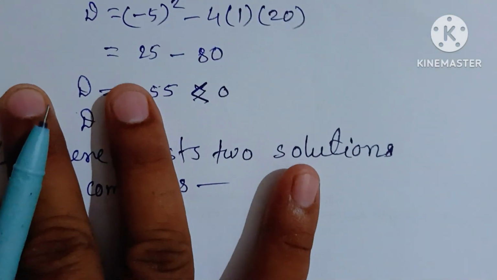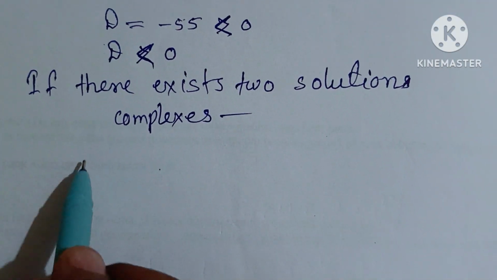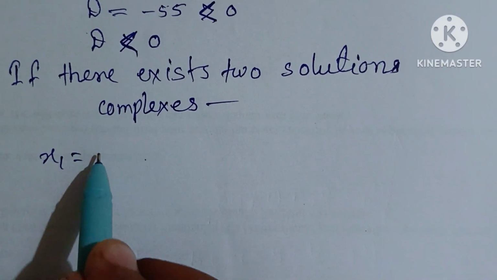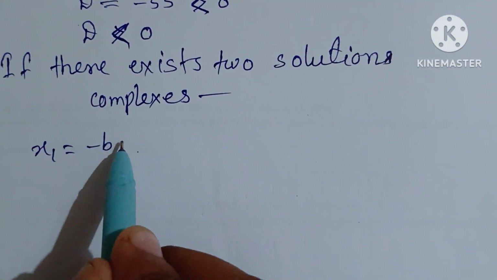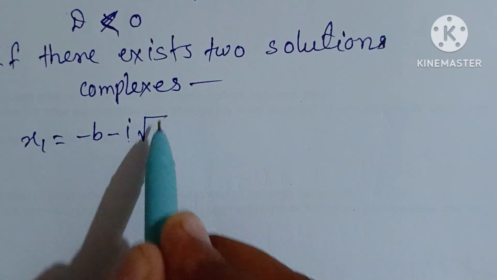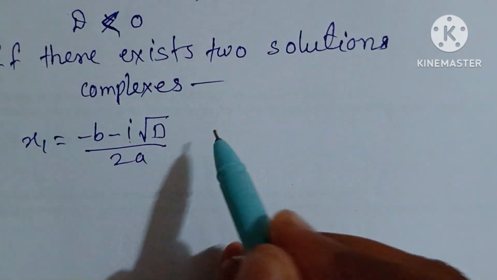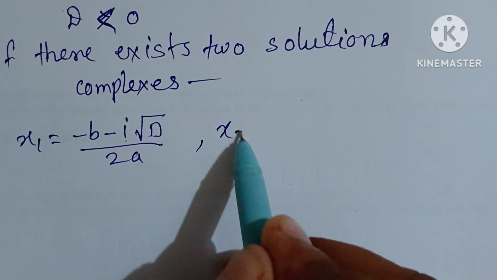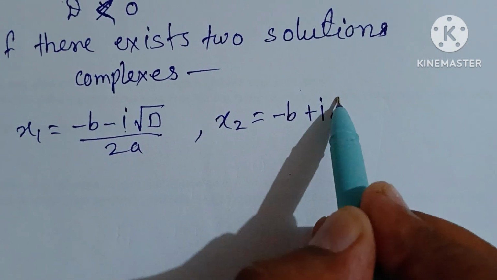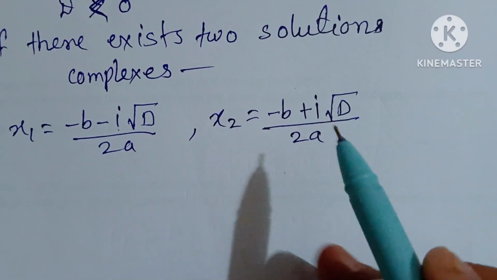So we write the complex solutions like this: x1 equal to minus b minus i root D divided by 2a, and x2 equal to minus b plus i root D upon 2a.